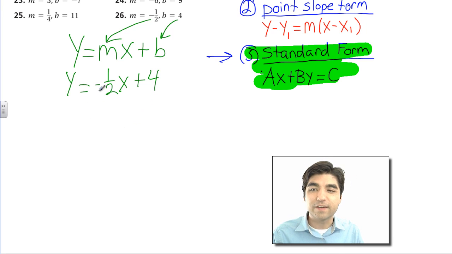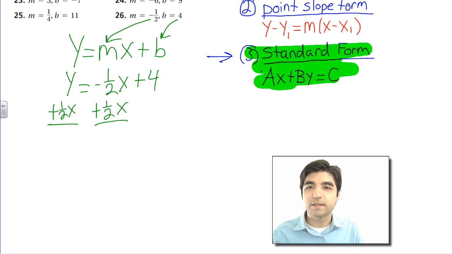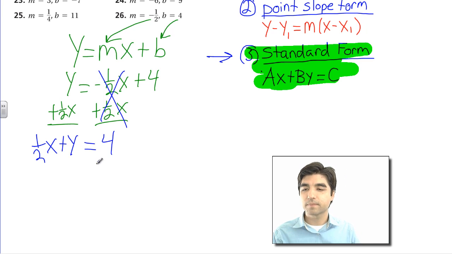Okay, then we have negative 1/2, so we need to add 1/2 to both sides. And cross that out. And then we have 1/2 x plus y equals 4.